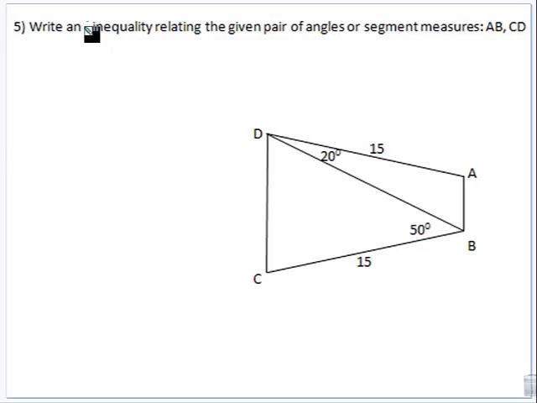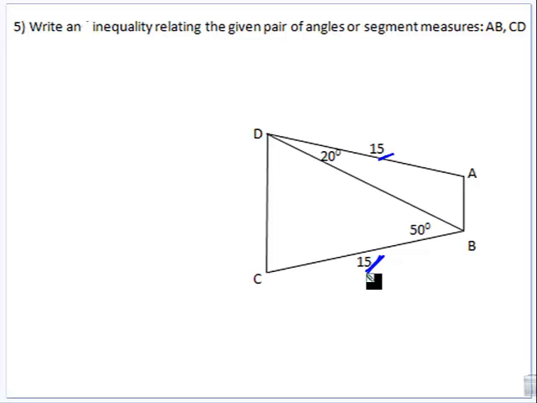So now we want to write the inequality for our sides. We still need to make sure two sides are the same. So we have 15 and 15, and we have the 20 and the 50. Those are angles. Where's our other side? BD. Okay, so we have the two sides.